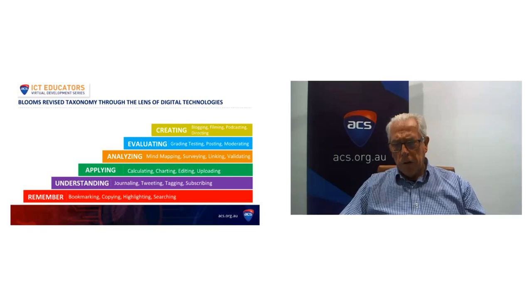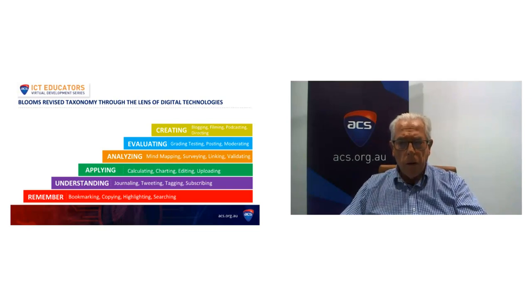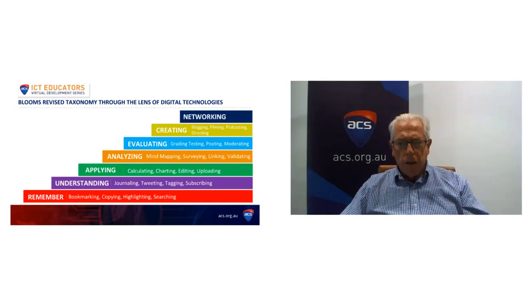So I don't want to go into all of these, but this construction will sit there, and you can have a look at it later. But there's one other thing that I think we need to add here, and that is, if we're going to add this other dimension, what's it going to look like? Does it stack up and fit into Bloom's? Well, I think we can add it, and I think we can call it networking.